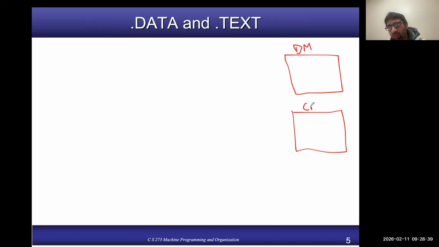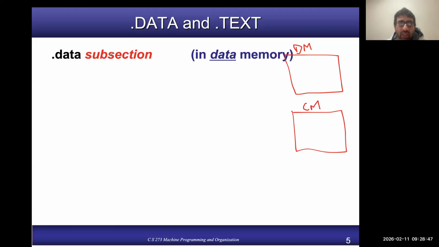In code memory the code is placed, and in data memory data is placed, right? So what is the job of this .data directive? It basically tells the assembler that whatever comes after this directive, whatever in the assembly program I'm writing after this directive, put all that in the data memory.